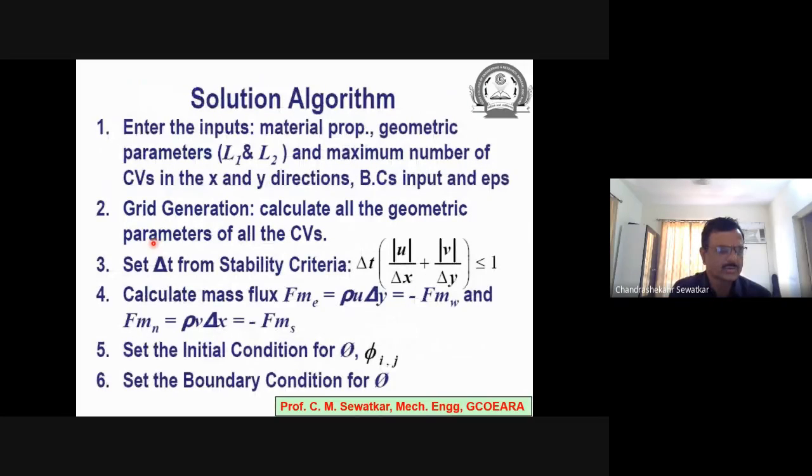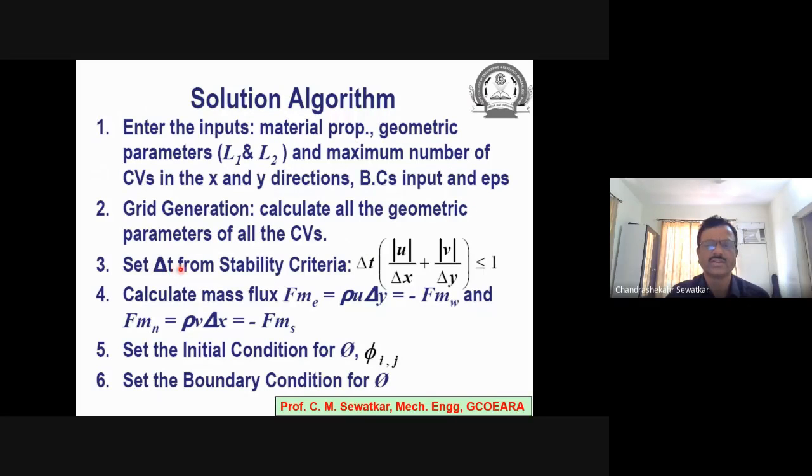I can quickly go through the solution algorithm. The solution algorithm is along the same lines as we did in the last session. Enter all the inputs: geometric properties, L1, L2, the maximum number of control volumes in x and y direction, boundary condition inputs, and the epsilon value. This is for the convergence. We discussed it yesterday. We have to do the grid generation to calculate all the geometric parameters.